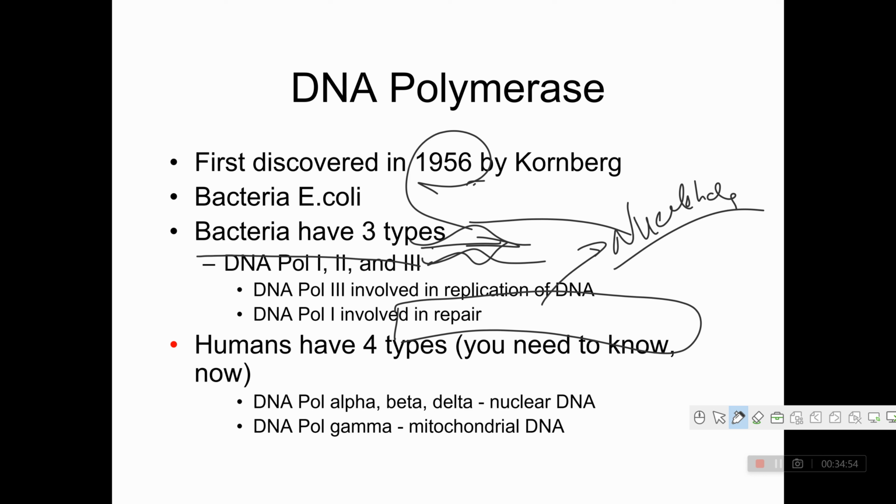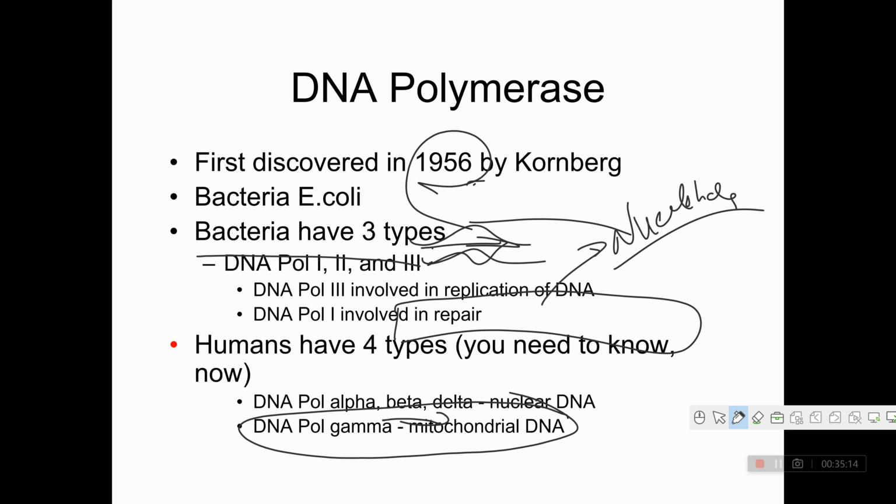Humans have 4 types, that is alpha, beta, delta, right? But in mitochondria, gamma. Remember this, mitochondria have DNA pol gamma. This gamma helps in replication only in mitochondrial DNA.